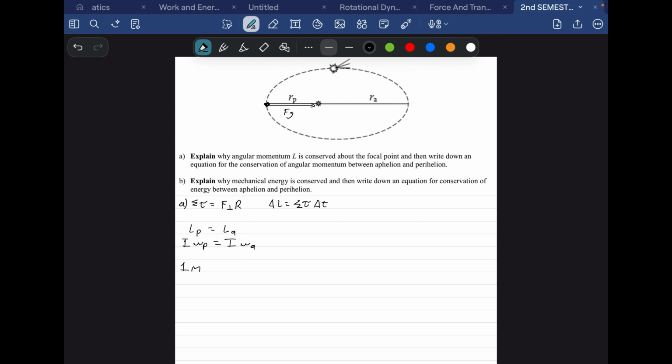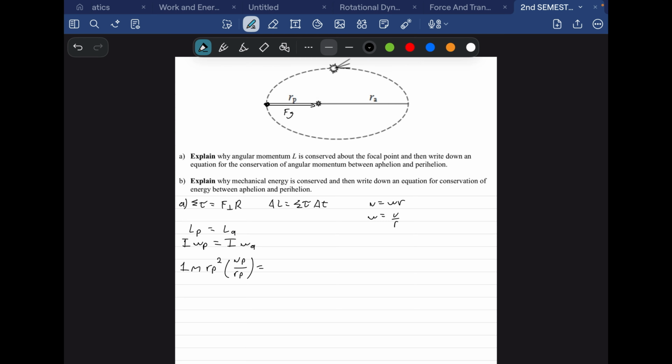And then R squared. And then we'll look at perigee. So it will be distance of R perigee away. And then we know that V is equal to omega R, and so omega is equal to V over R, right? So replace omega with that. So omega perigee can be turned into linear velocity of perigee over R perigee, right?